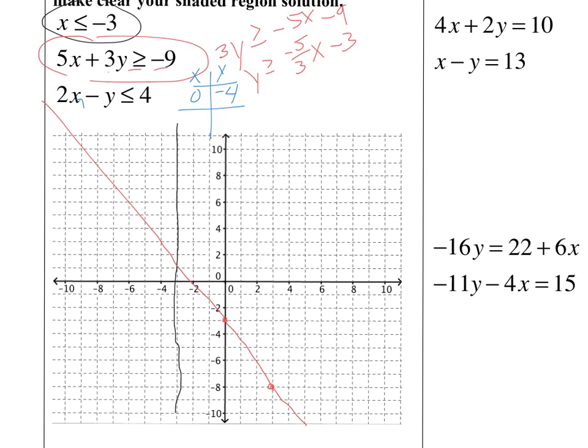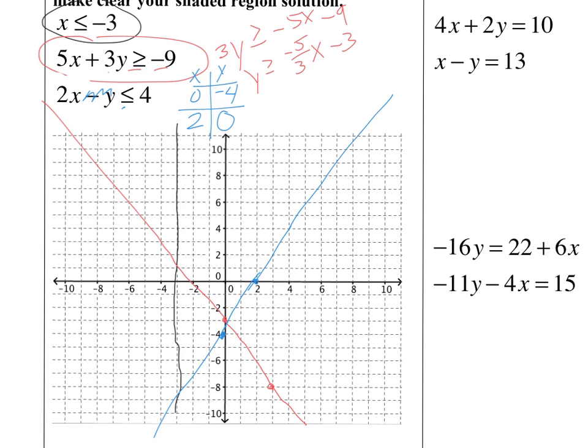Okay, and then if I plug in 0 for y, I get 2x equals 4. In other words, x has to be 2. So those are my intercepts. This is also solid. And I'd get something like this.